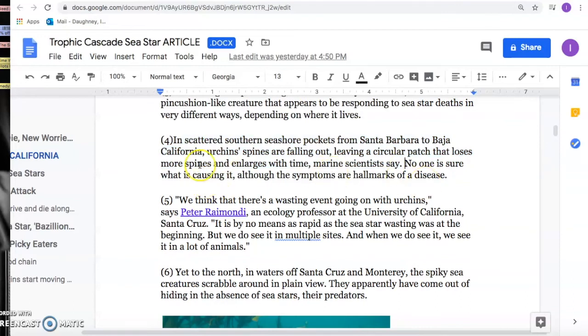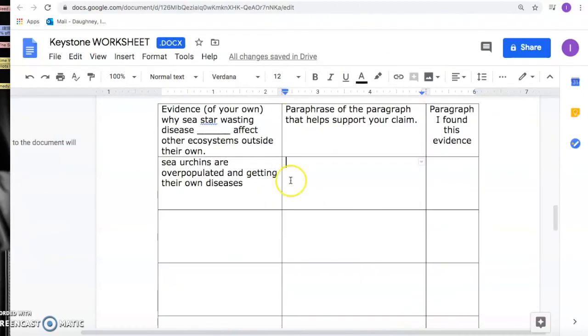Okay, so we can summarize this. Here's one piece of evidence, right? So if there's too many, we can say in our worksheet, urchins' spines are falling out, similar to the sea star wasting disease.